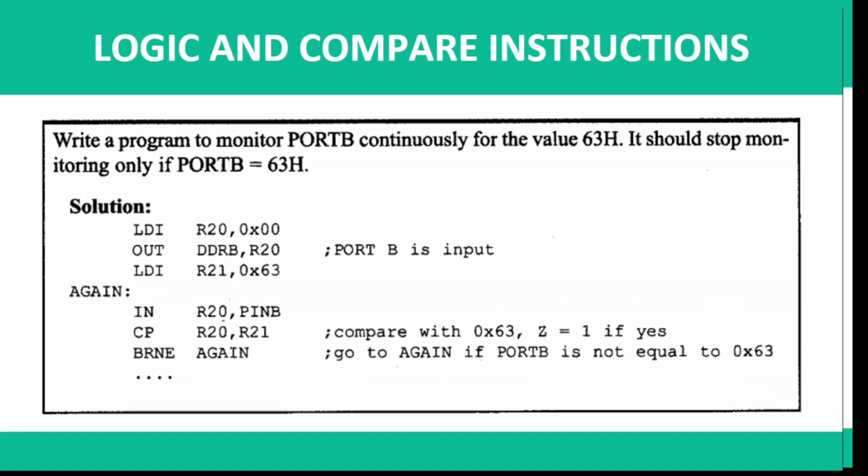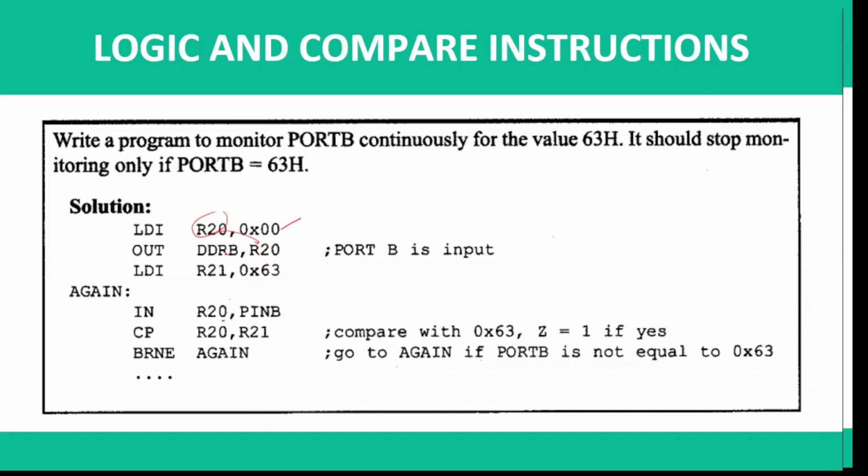So the solution is, first, we need to set the DDRB register equal to 0 in order for pin B to be an input. So the approach is we have 0x00 loaded to register 20, and this register 20 is put into DDRB.